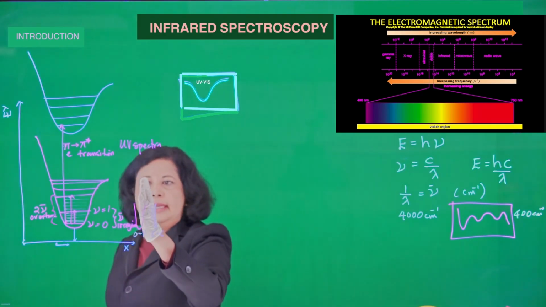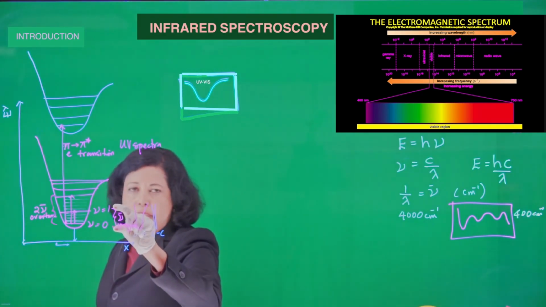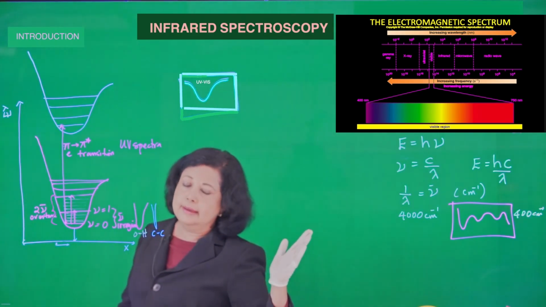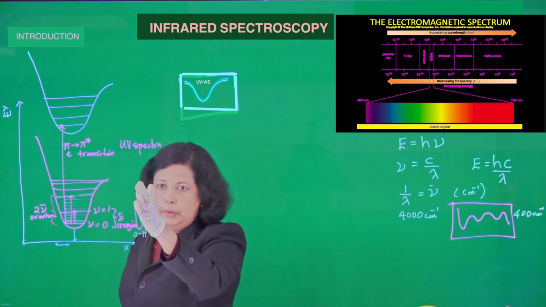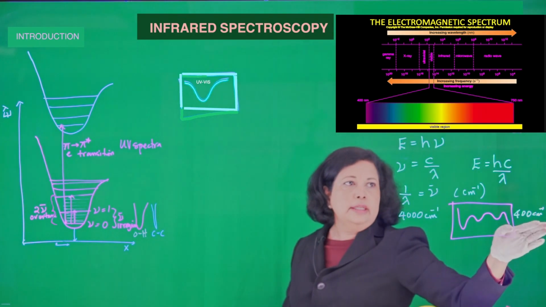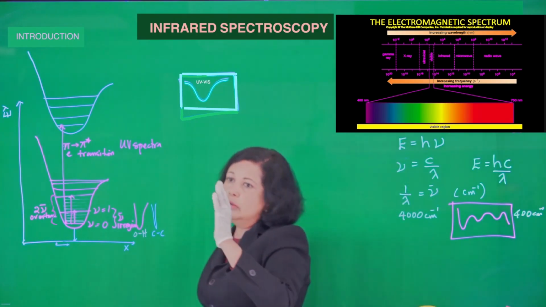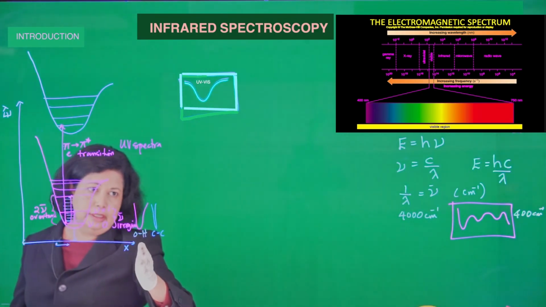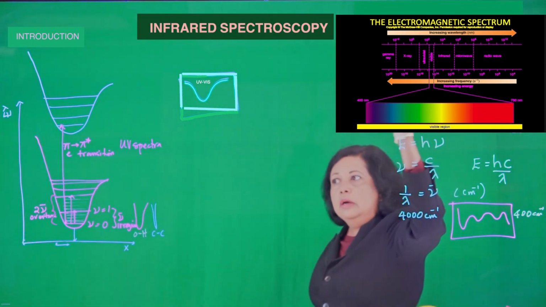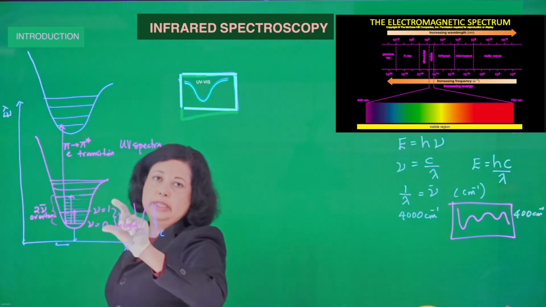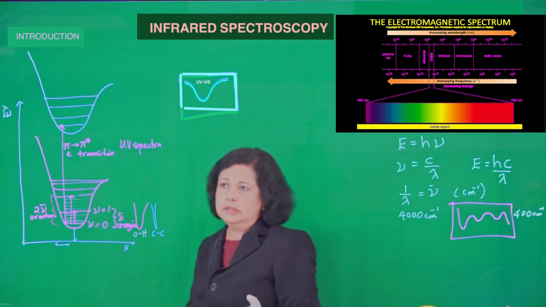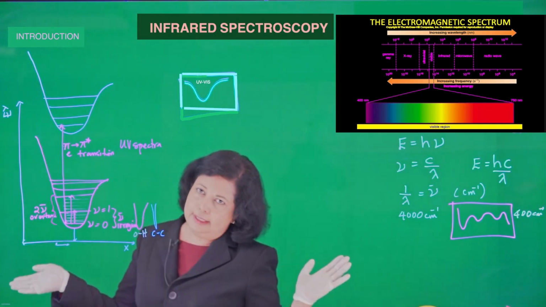The important thing is the frequency of absorption. That doesn't change for a particular type of bond. An OH bond will always absorb at a certain frequency, or in this case wave number. It's always going to be around 3,300 no matter what. A CH bond will absorb at a different frequency, and that is going to be always close to 3,000 no matter what molecule it is.